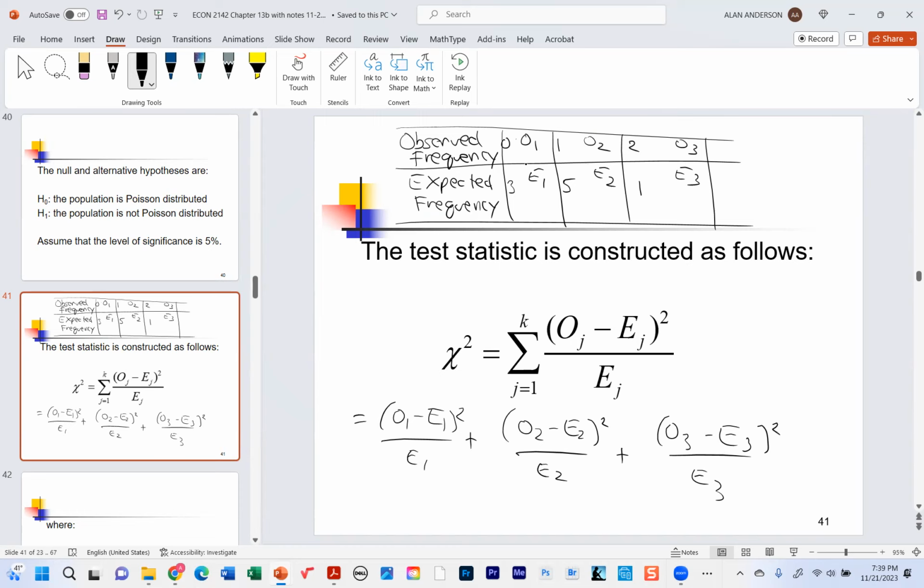Wow, that looks like a lot of work, doesn't it? Well, it is. But you'll see that the calculator can at least do some of it for us. So really all the work will go into the expected frequencies based on, in this case, the Poisson distribution.